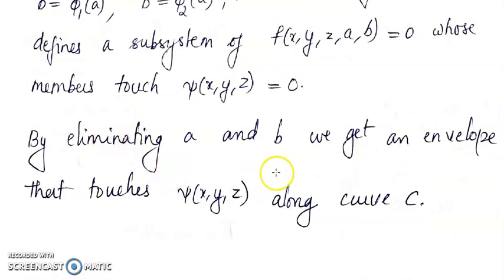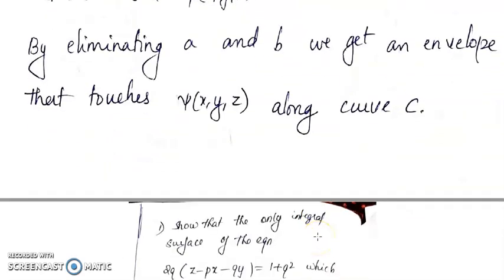So by eliminating a and b, we will get an envelope that touches psi of x, y, z along curve C. So we will see an example.